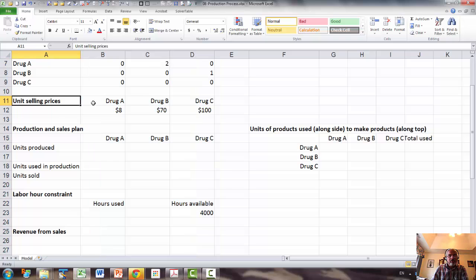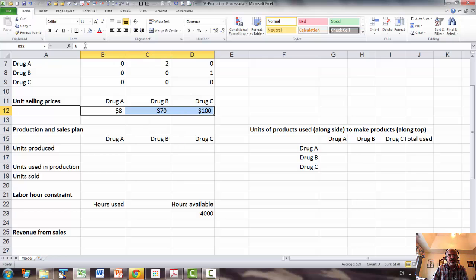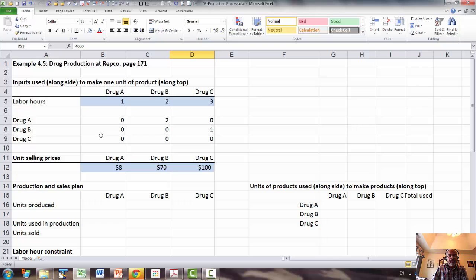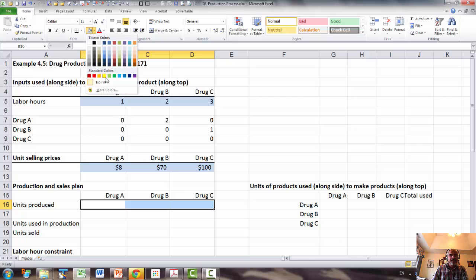And we are also given the selling price for the 3 drugs. That's input also. And then we are given the labor hours available. Now, how many units of these 3 drugs we're going to produce, that's our decision variable.